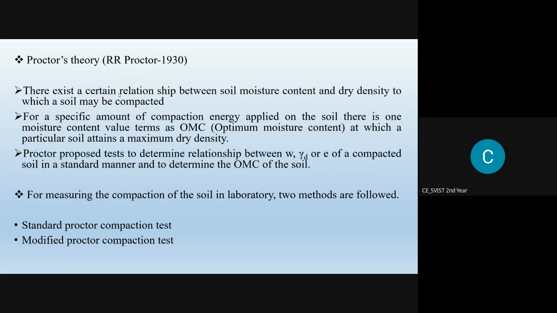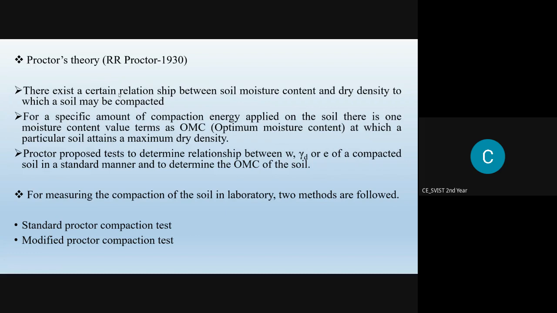Now we have seen what compaction is, its advantage, and its effect. Now we have to measure the compaction or its factors, right? We have to measure what is happening by compaction.